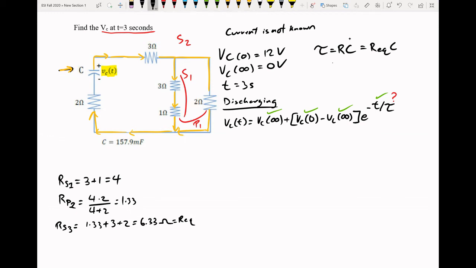So now we have our equivalent R. Do we have the capacitance value? We do. Sometimes they place it in a weird location at the bottom. Just be looking out for it.